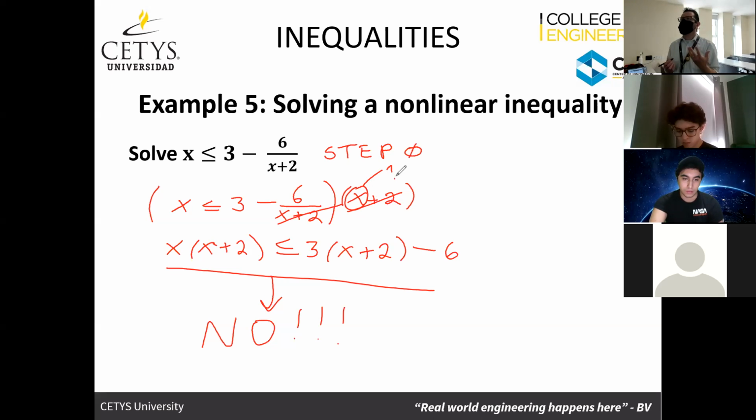No, I don't think so. X is a variable, right? It can take on any possible value depending on the restrictions. You don't know, and therefore you don't know the sign of this factor that you're multiplying by, because X is a variable, okay?